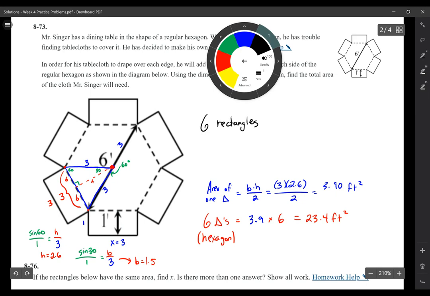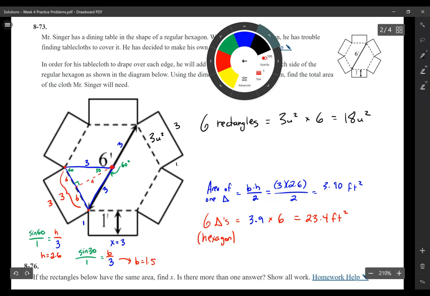So that gives us the hexagon's area, but we also have 6 rectangles. And each of these rectangles is a 3 right here and a 1 right here, which means 3 units squared. And now we need to multiply that 3 units squared times 6, which is going to be equal to 18 units squared.